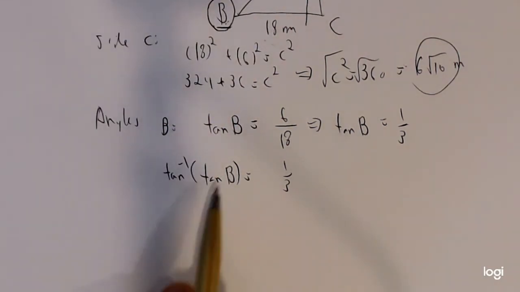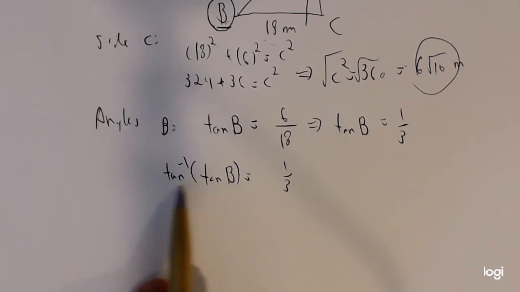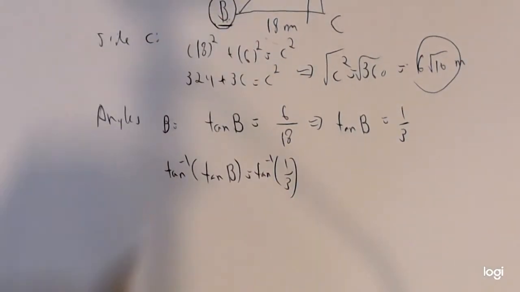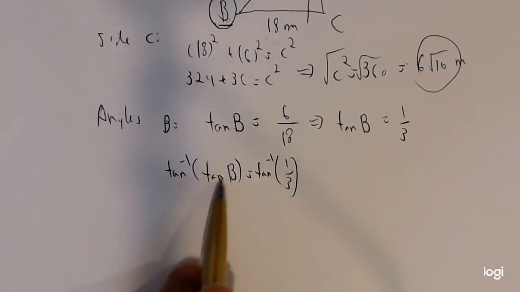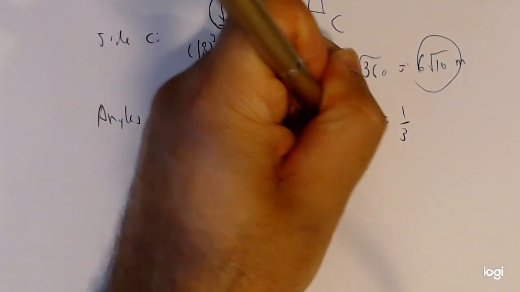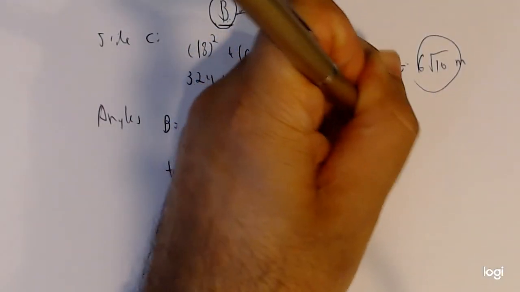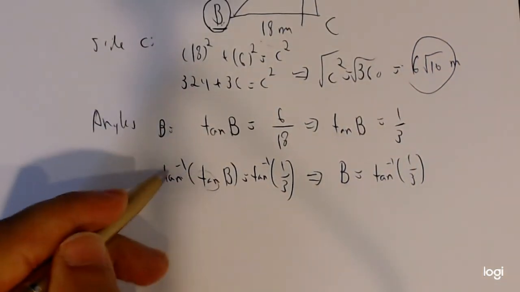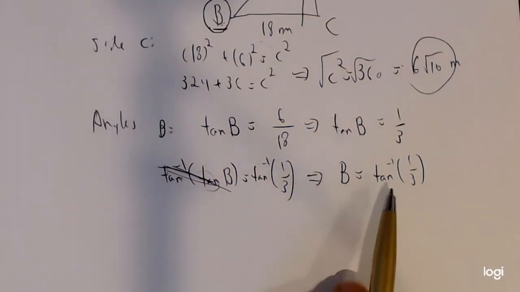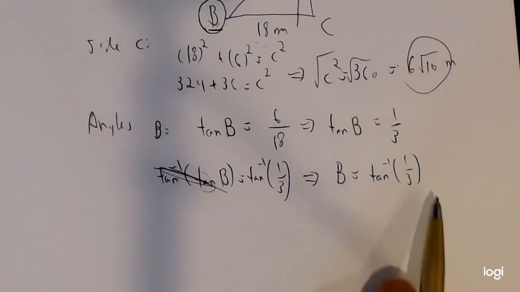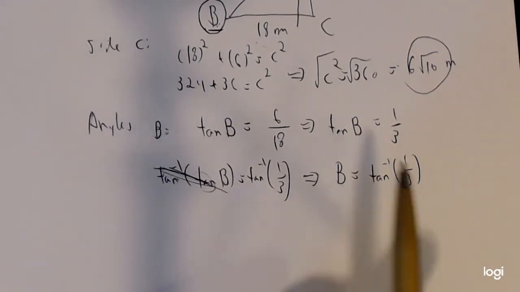Just like any equation, if I take the inverse tangent of the left side, I also have to take the inverse tangent of the right side. The purpose of the tangent inverse is to undo the original tangent. So this becomes B equals tangent inverse of 1/3. Notice how the tangent went away because the tangent inverse undid it. Now to find my angle, I need to plug this into my calculator.